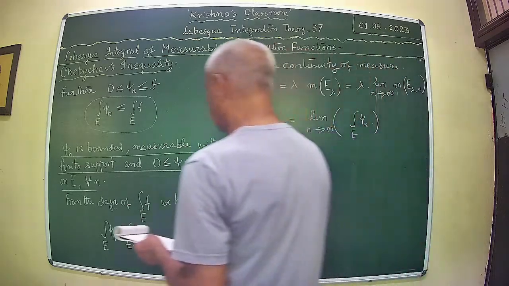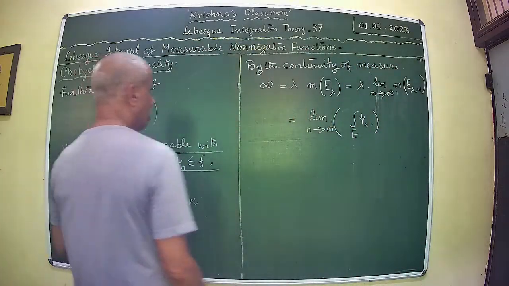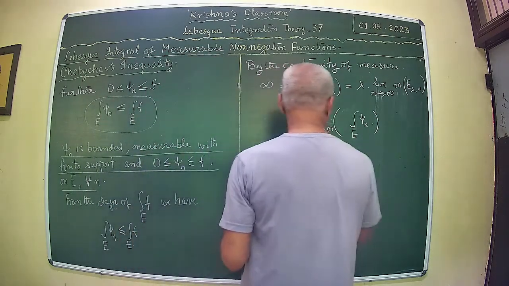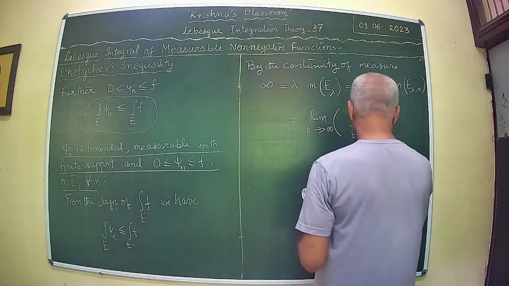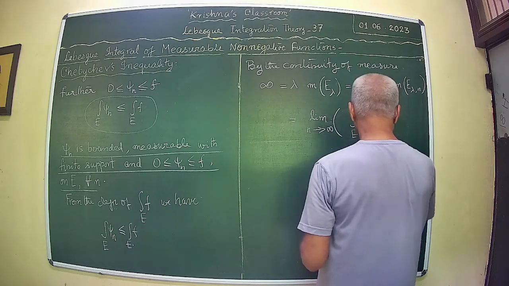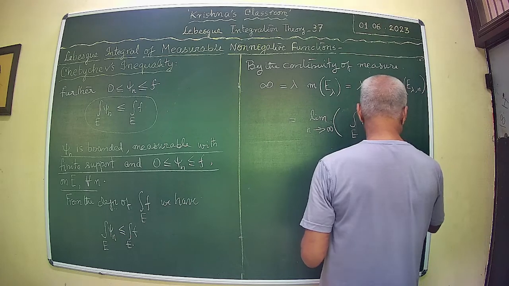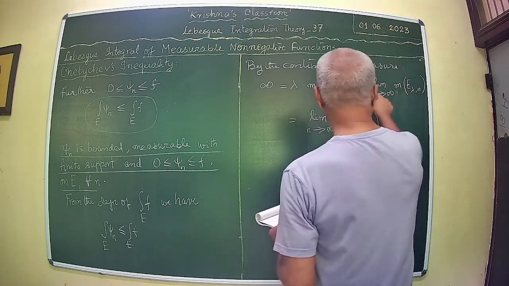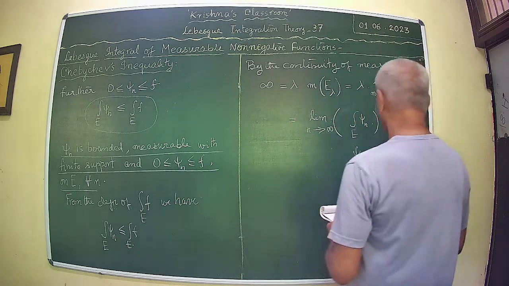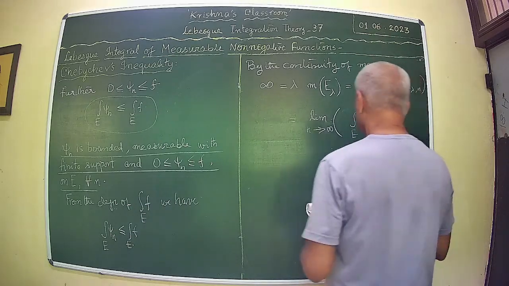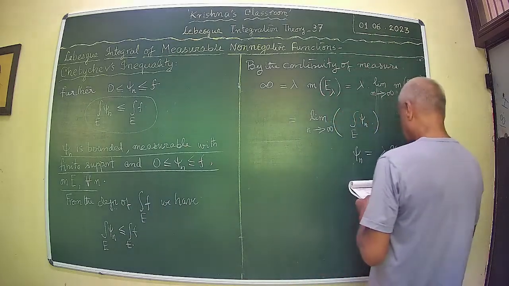Look at the definition. The definition of psi n is... okay. Therefore, the lambda is absorbed in this. Okay. Therefore, this is this.